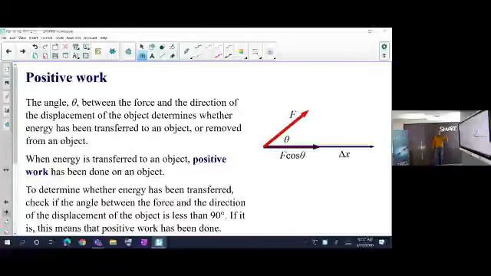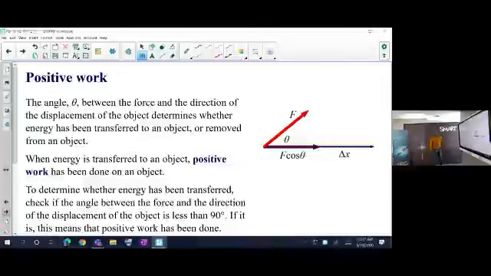When it comes to positive, like I said earlier, the energy has been transferred to an object. Obviously, it's positive. We have a direction towards the right. You have to choose from the Cartesian plane. You can say my right hand side is positive, my left hand side is negative.